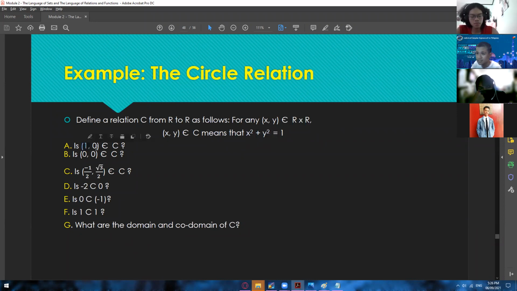This is the x and this is the y. So 1 squared is 1, and 0 squared is 0. So 1 is equal to 1. So A is yes. How about letter B? B is no, that's correct. Very good. Letter C?